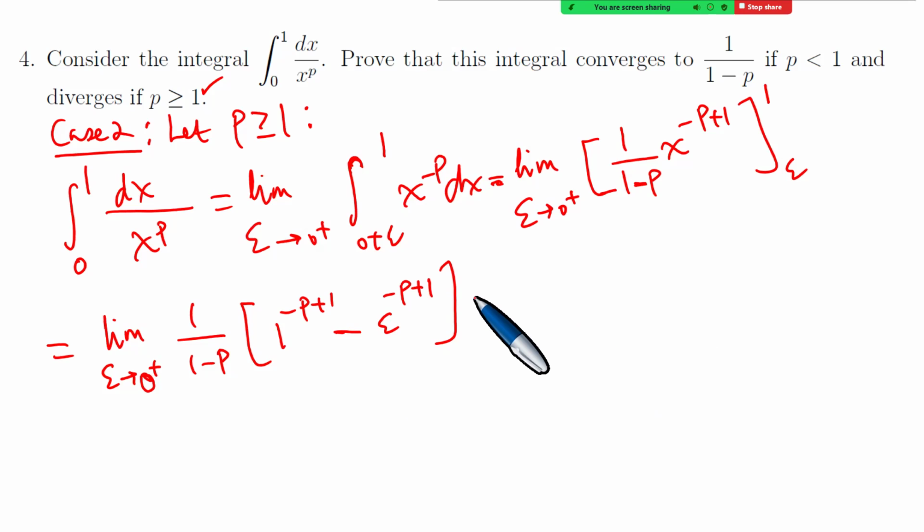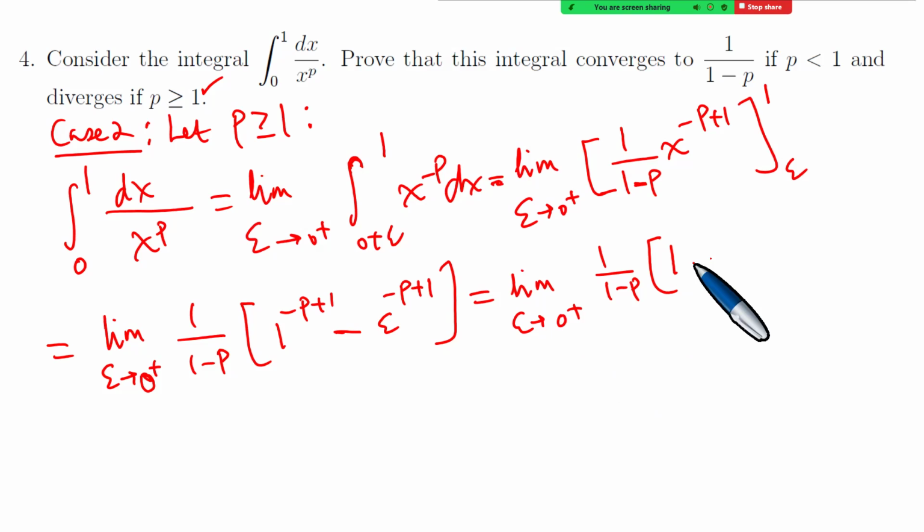In other words, this is the limit as epsilon approaches 0 from the right. Either way, this is 1 minus 1 over epsilon to the p minus 1.